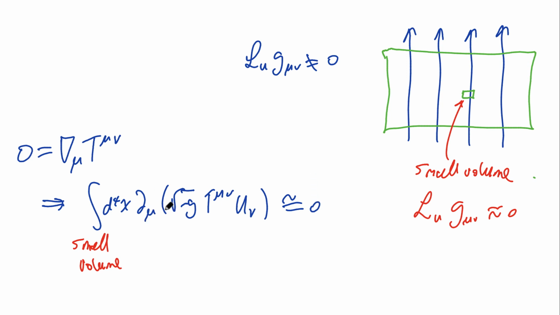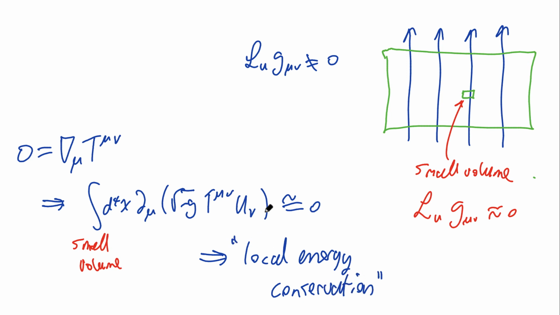And now this can be integrated to the boundaries of the spacetime region to give us energy conservation. But it's usually referred to as local energy conservation because it's only valid in the limit of small volume. And likewise, if we replace this vector field U with a spacelike vector field, then we could derive a local momentum conservation law, again valid in the limit of small volumes for which the Lie derivative of the metric along that vector field is approximately 0.